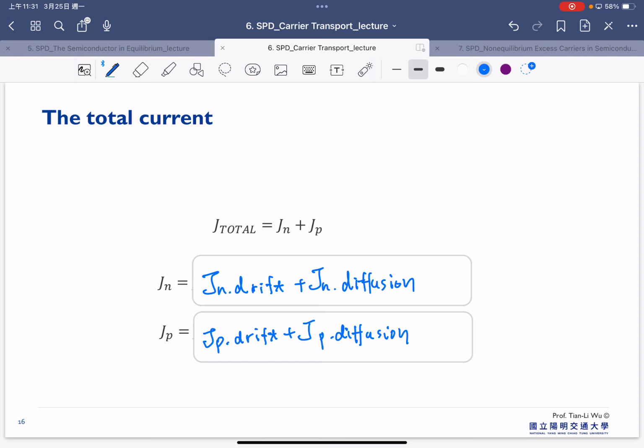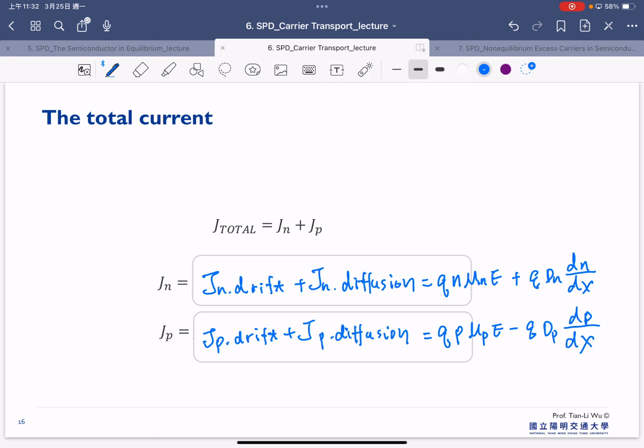And now we just put everything we already know from the previous lectures together here. So we have q n mu_n E plus q D_n dn/dx, and this is q p mu_p E minus q D_p dp/dx. So that's all.